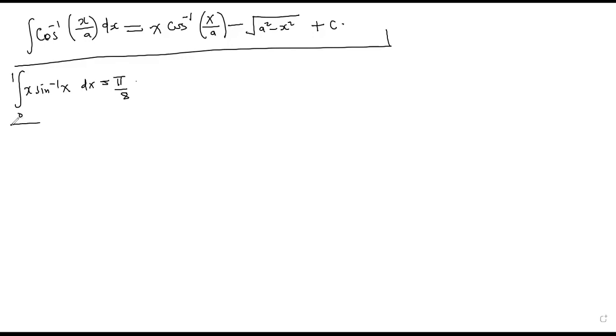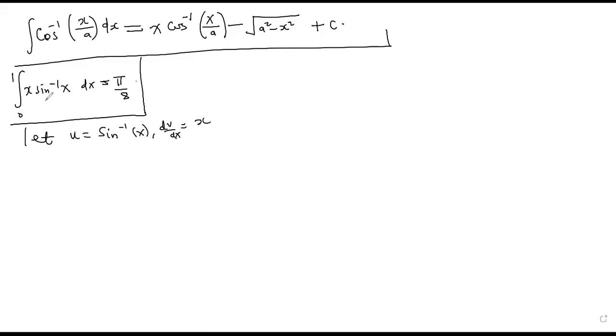So let's see how possible it is. I'm going to let my u again be sine inverse of x and my dv dx be equal to x. In case they don't put anything here and you see an inverse, just a 1 must be put so that you move properly.